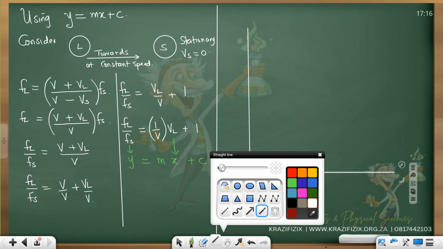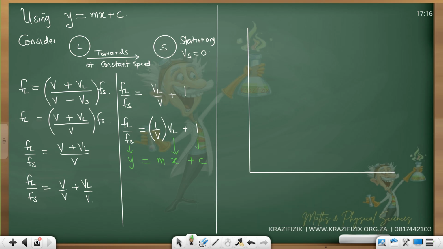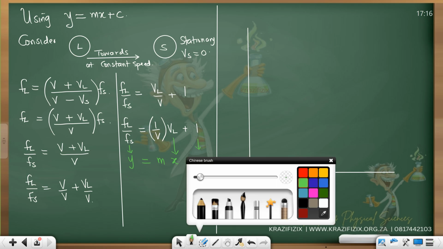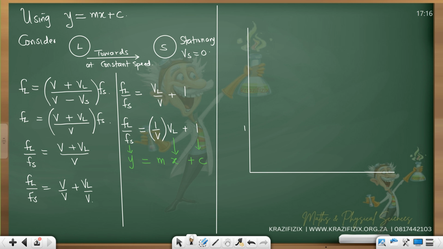Beauty. Now, what is c, by the way? Y-intercept. So that means 1 must appear. In my graph, my gradient is 1 over V, and it's positive, so it's an increasing graph.